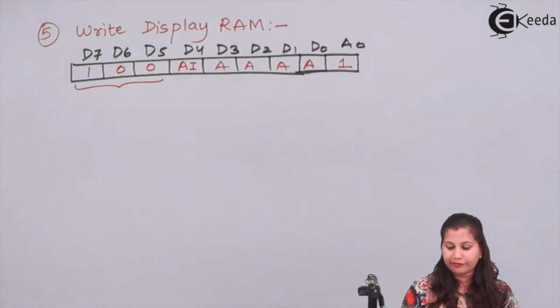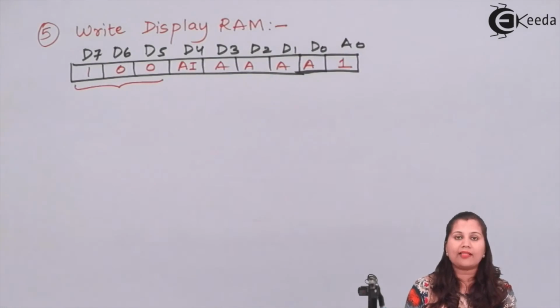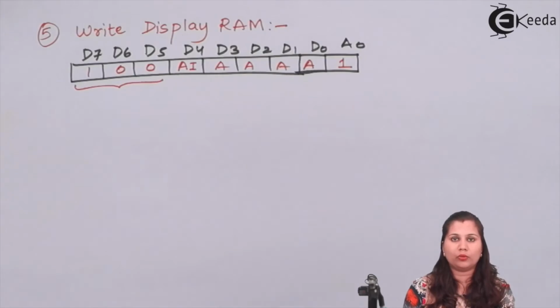So these are the different modes of the 8279 and the command words for the modes. First, we studied the keyboard display mode set, where the command word decides which of the modes, either keyboard mode or display mode, will work.